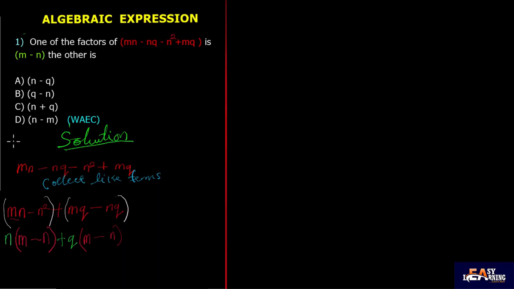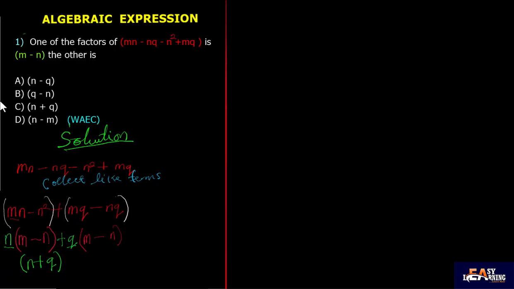Looking at this now, the next thing we're going to do is look for the factors. The factors that are outside, we group them, and the ones that are inside, we group them. So that's n and plus q. The first factor is going to be n plus q.